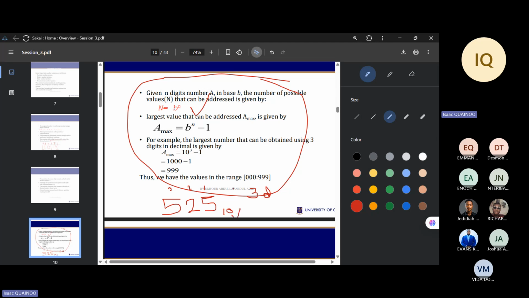So what we are saying here is that if you want to determine the number of representations that are accepted within this particular number system, which is this decimal number system with 3 digits, we are going to take the radix, which is 10, and take it to the power of the number of digits here, which is 3. Please, I don't know if you are getting that.